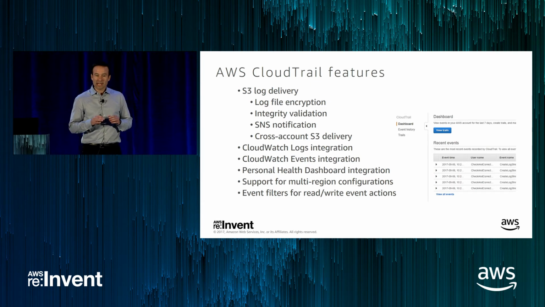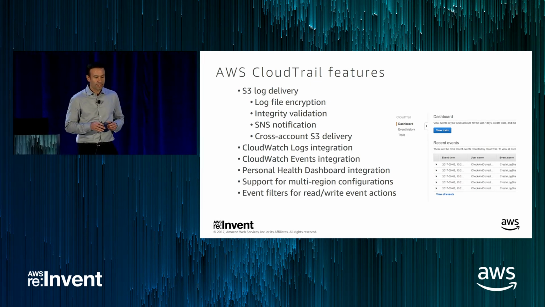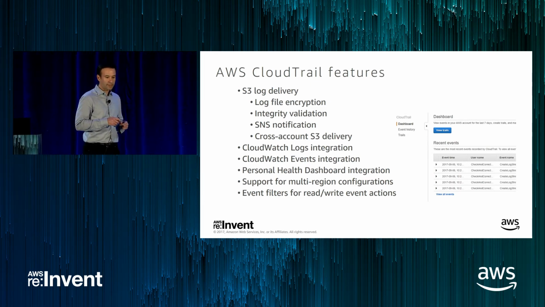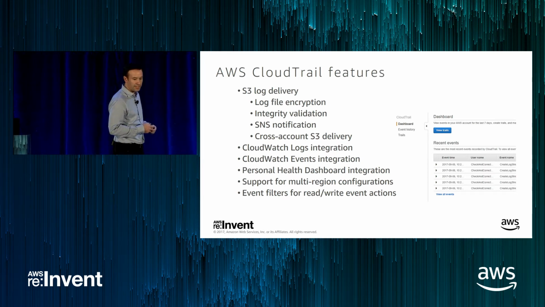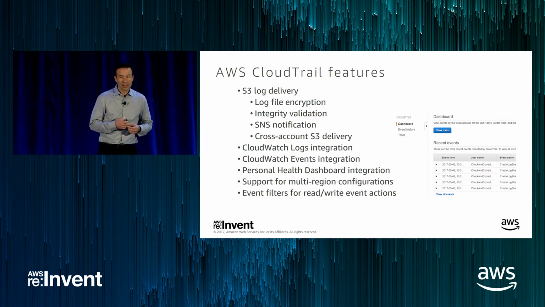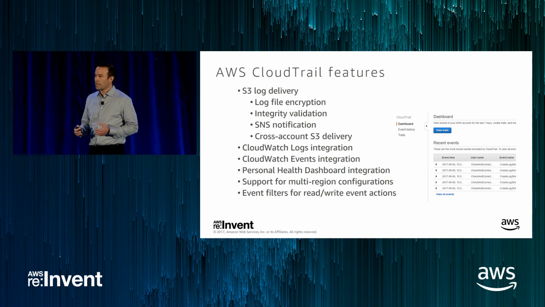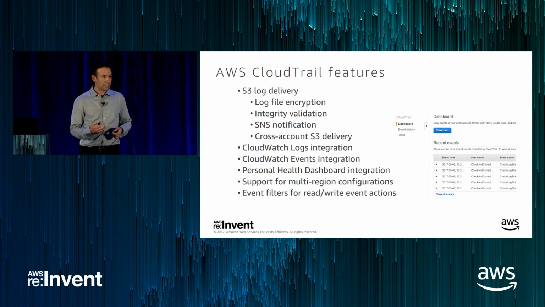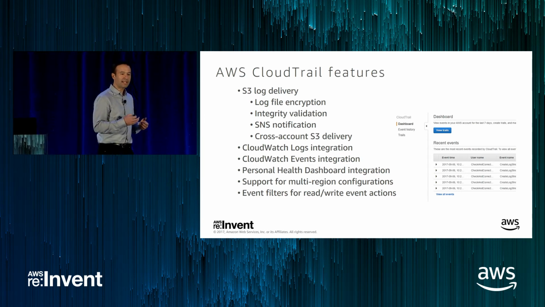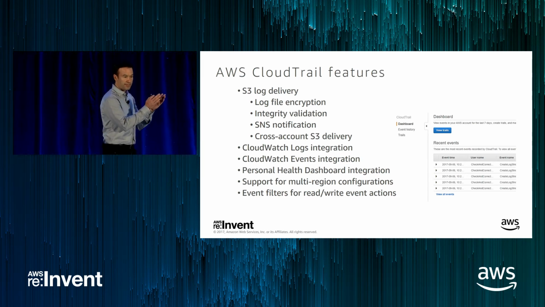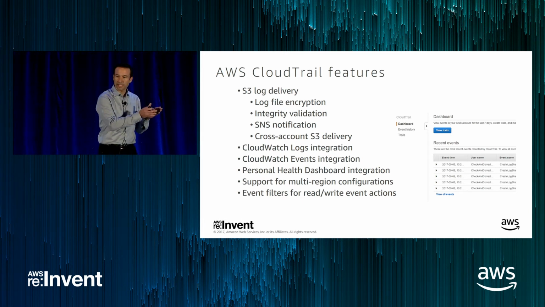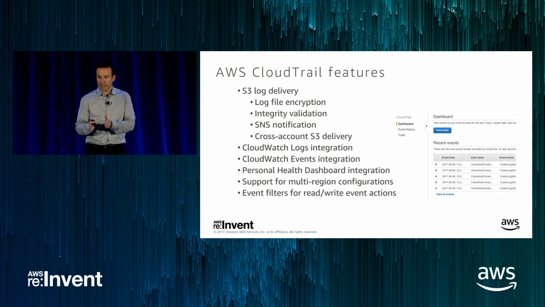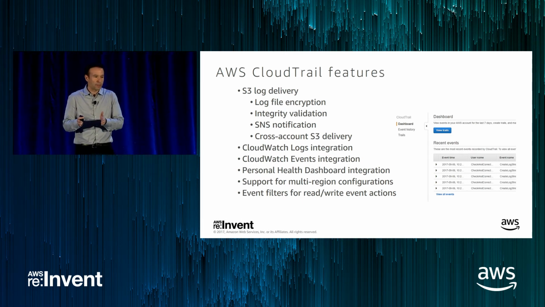Some of the key CloudTrail features that we'll cover are S3 log delivery, log file encryption, and SNS notification, along with some of the integrations there. For those of you that do use CloudTrail, one of the things I find you might not be aware of is filters. I can create a secondary trail. You wouldn't want to do this for your security trail because you want to log everything. But let's say I've got a secondary one where I don't care about read events.